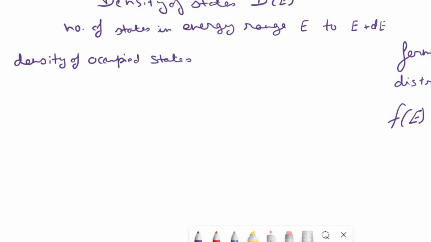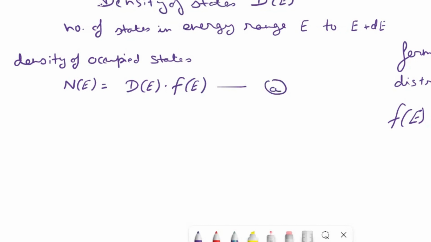is defined as n of E, which is the density of states D of E multiplied by the probability that the state is actually occupied, f of E. So this will tell us the density of occupied states. We call it equation A, right?